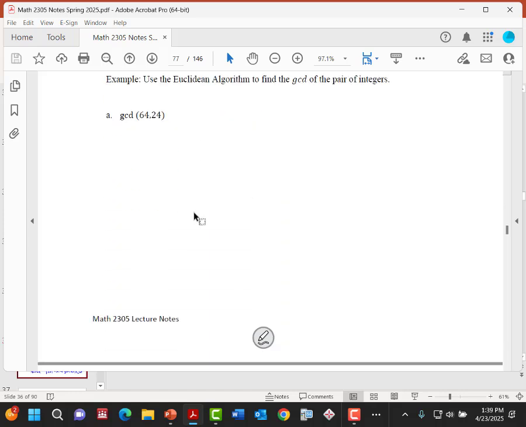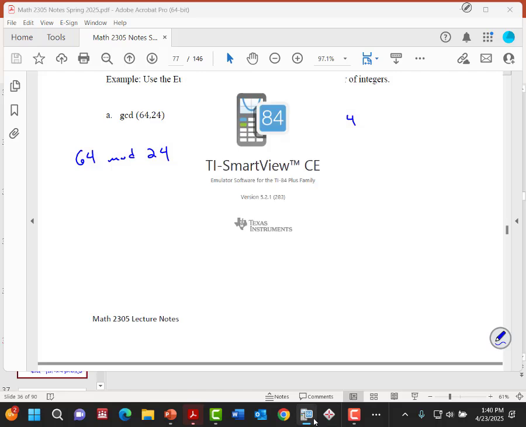So let's see if we can use the Euclidean algorithm to find the GCD of two integers. Let's take a look at 64 and 24. In this case, m is 64 and n is 24. We first do 64 mod 24, the bigger number mod the smaller number.